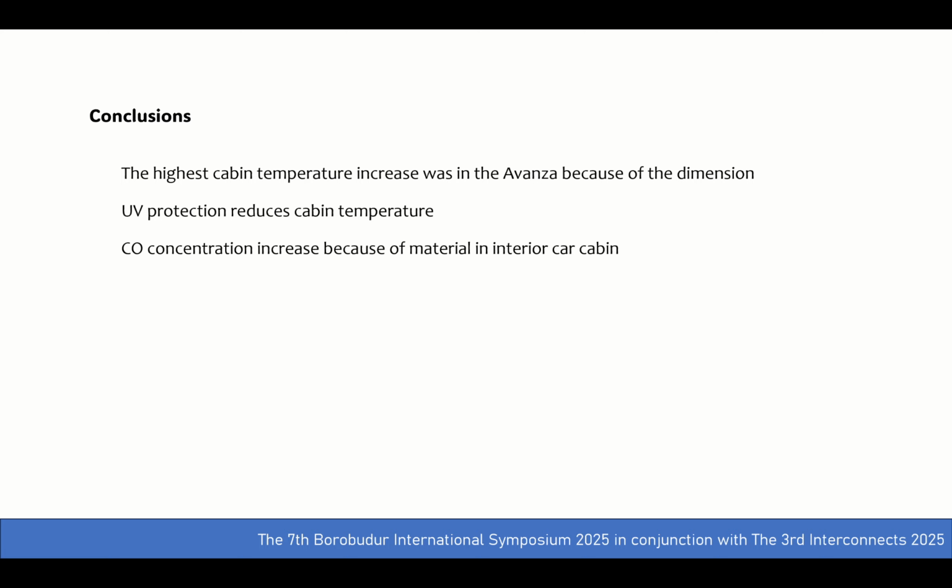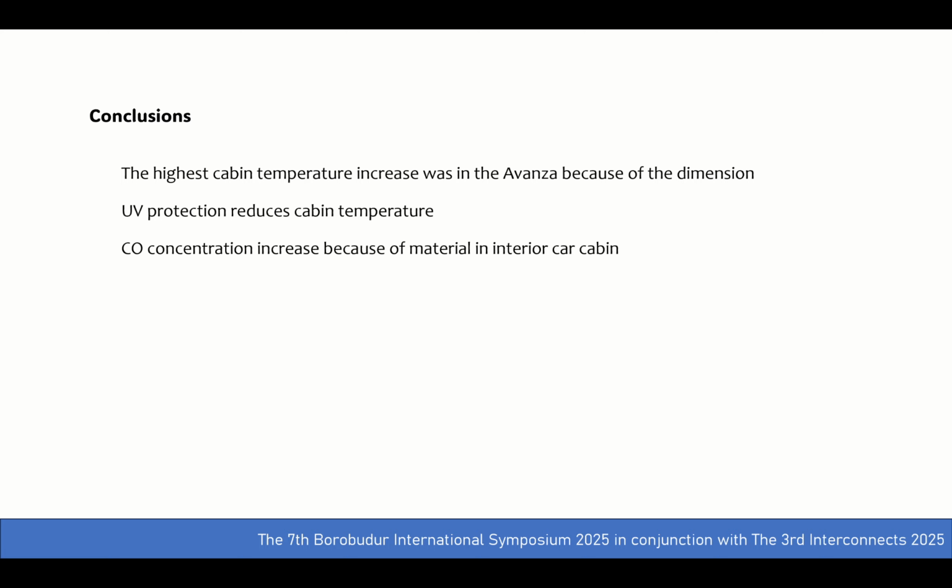If possible, every car should use UV protection to protect against heat. Outside temperature is transferred into the cabin, so the temperature reduction will be lower, and CO concentration increases because of the materials in our car cabin.